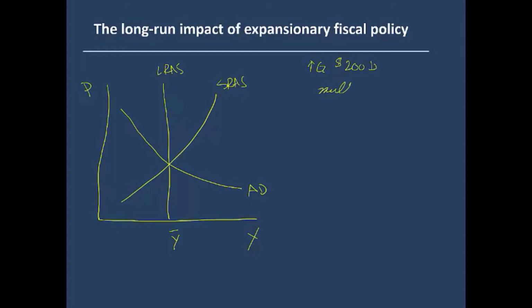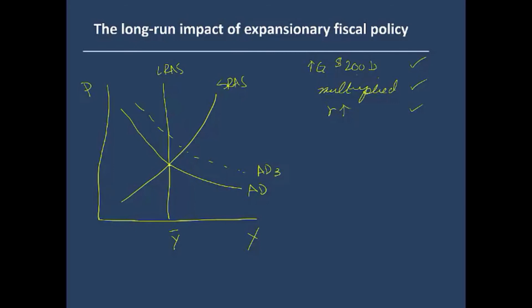It's multiplied through the economy, generating all those rounds of additional spending, but also interest rates have gone up, so the short run effect on aggregate demand 3, this increase from AD to AD3, includes the initial shock, the effect of all those additional rounds of consumption spending, but also the dampening effect of higher interest rates.